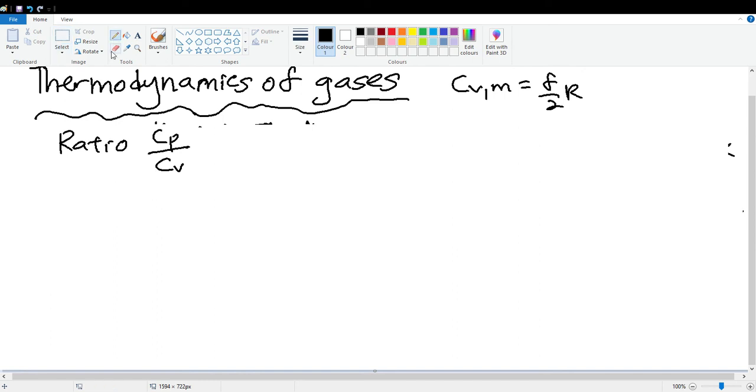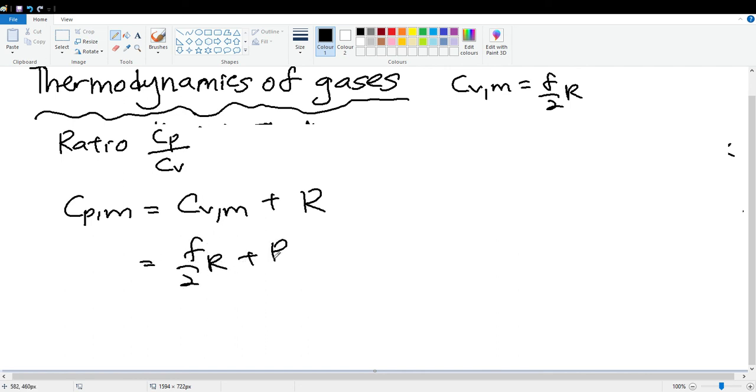Since we discussed in the previous part that our CPM equals our CVM plus the ideal gas constant, what we get for our CPM is: my CVM is F over 2 R, plus R. I factorize this ideal gas constant, so what I get is F over 2 plus 1.